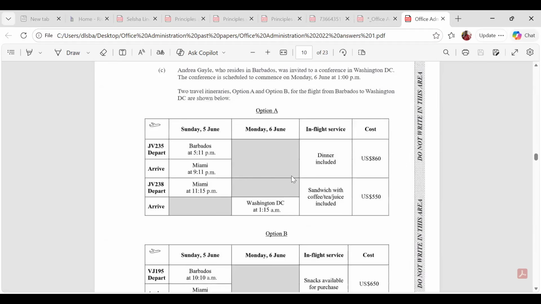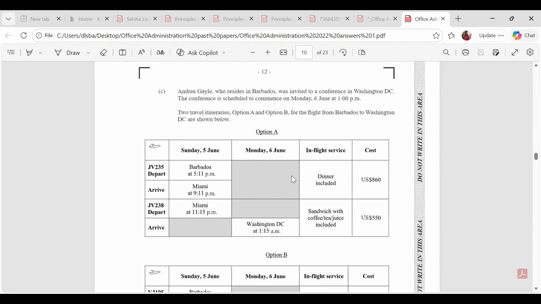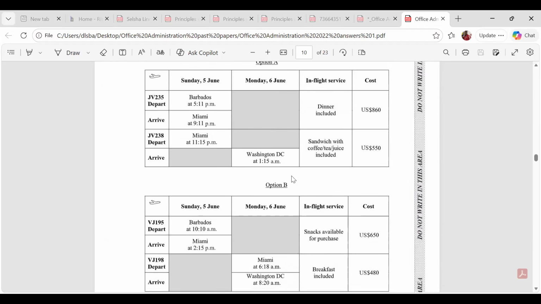Now this one here now. Andrea Gale, who resides in Barbados, was invited to a press conference in Washington, D.C. The conference is scheduled to commence on Monday, the 6th of June at 1 p.m. Two travel itineraries, option A and option B, for the flight from Barbados to Washington, D.C. are shown below.